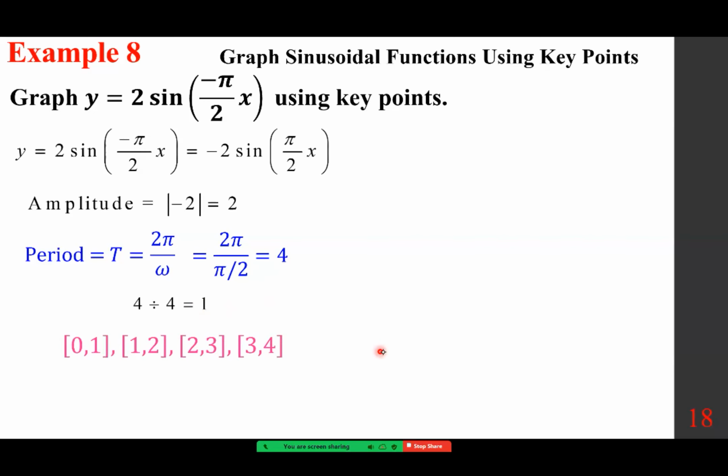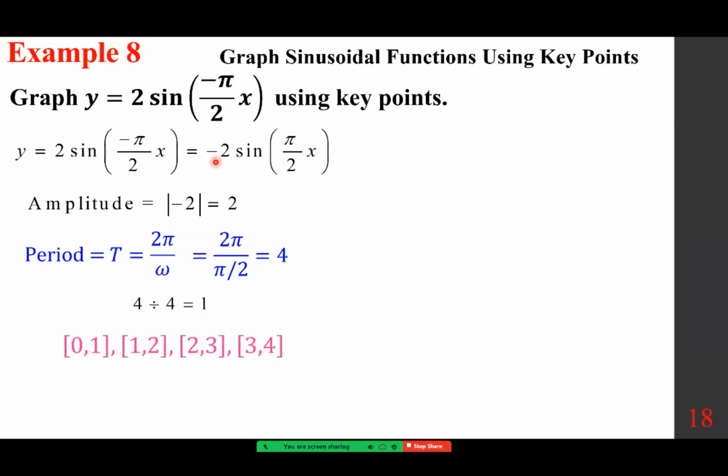Now we can put the 0 into the original function or this one, whatever is easier. It makes no difference. If I put the 0 in here, sine of 0 is 0, so that gives us 0. If I put 1 here, it becomes pi over 2. What is sine of pi over 2?